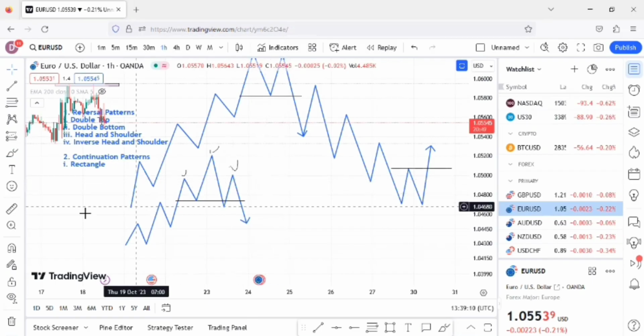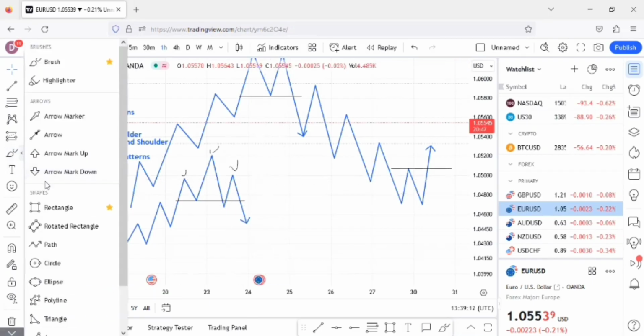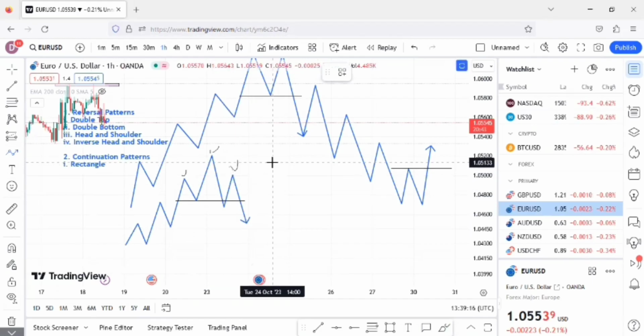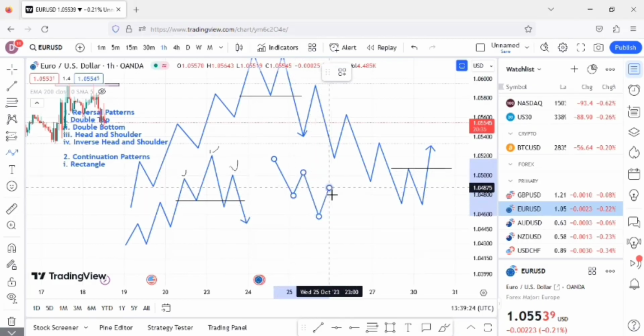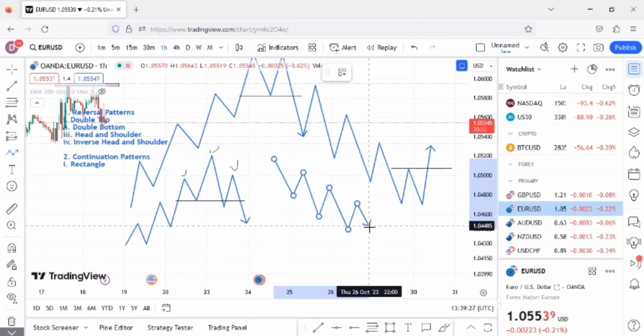So when you're in a downtrend, that is where you find the inverse head and shoulders. You have a high, lower low, lower high, lower low, lower high, lower low.